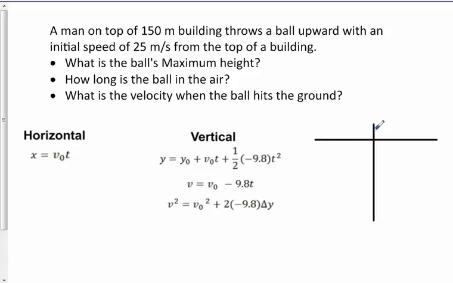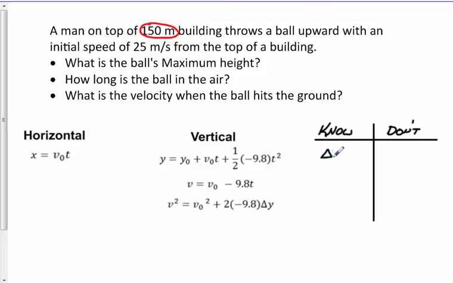I like to make a kind of list of what I know and what I don't know. So I make a list of what I know and what I don't know. I'm going to go down here and circle what I know. Now I know a man on top is 150 meters, so right now I know delta y.